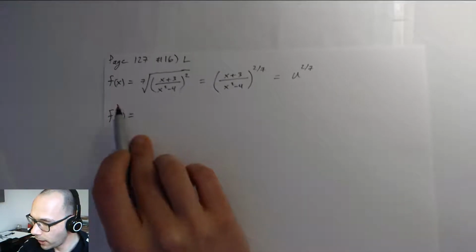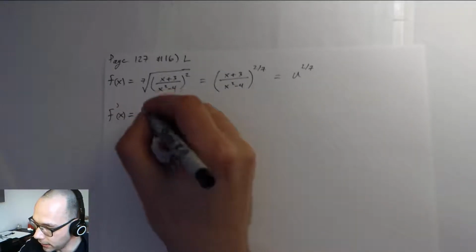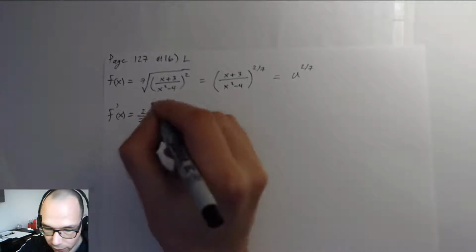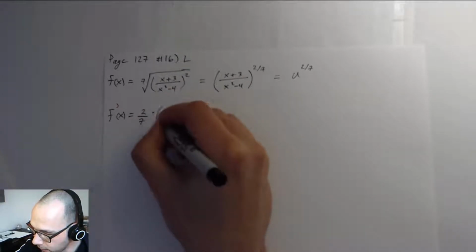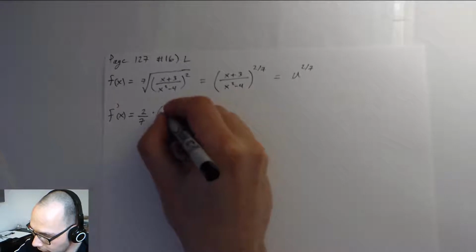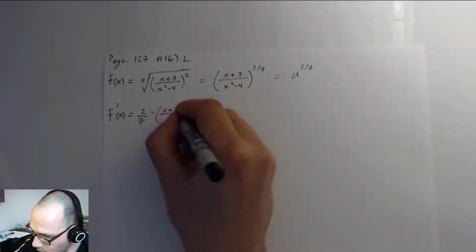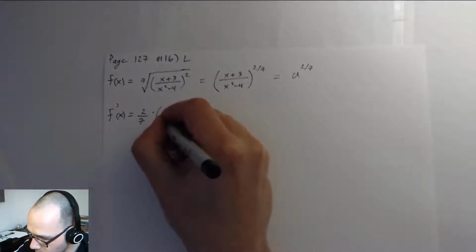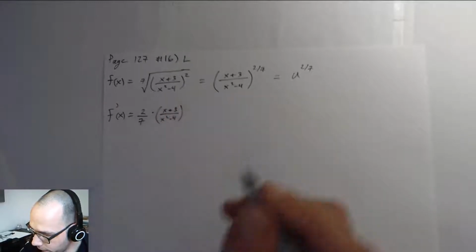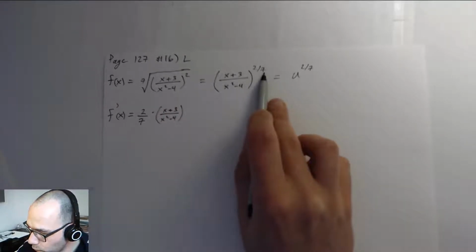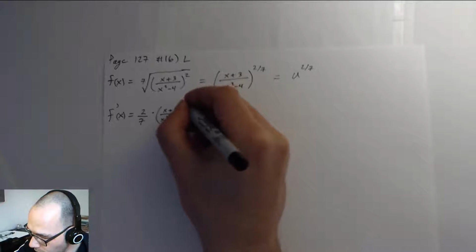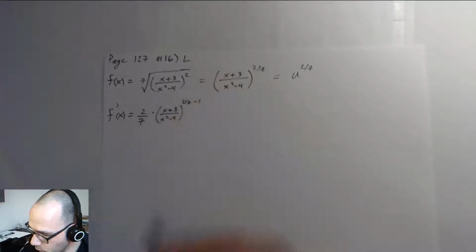So for f prime, I'm just going to bring down the 2 over 7 in front. It's going to be multiplied by, same bracket, (x plus 3 over x squared minus 4), all of that to the power of 2 over 7 minus 1.